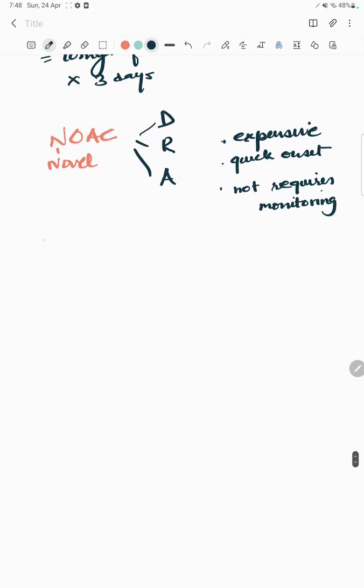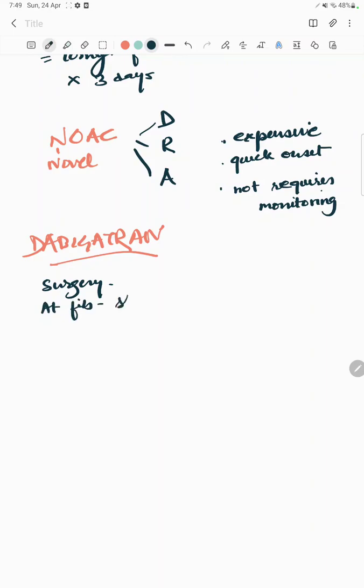Dabigatran is used when a patient is at risk of forming clots in their body. Either there's a hip or knee surgery, or a patient has atrial fibrillation and there's a risk of stroke, or malignancies.